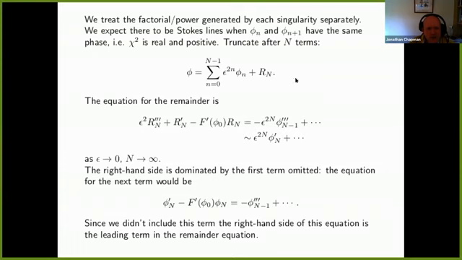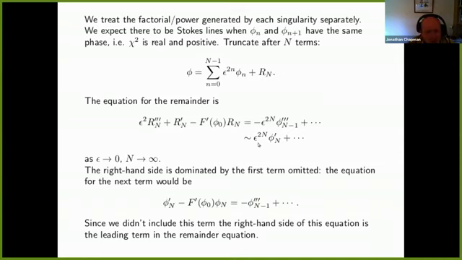If I truncate after n terms, then I get an equation for the remainder, which has the linearized operator on the left-hand side, and then a whole mess of stuff on the right-hand side. But I'm only interested in what this inhomogeneous term is in the limit of large n. I know that this term is generated by the fact that effectively this term was missing when I truncate this series.